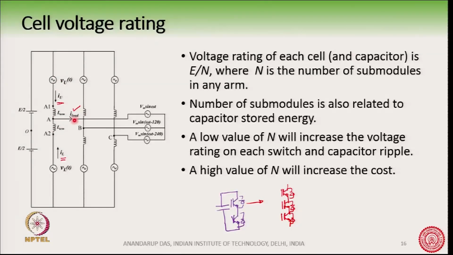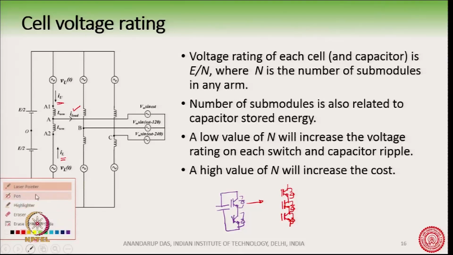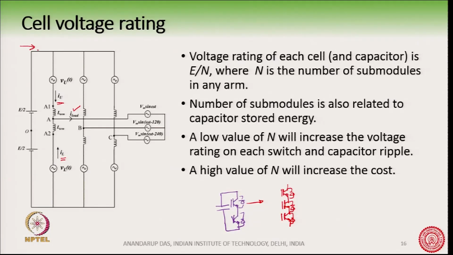Now, you see here this upper arm, when the load current is flowing through the upper arm and the lower arm, of course, the real power... let us take an example of a DC to AC converter. So, the real power is flowing from the DC bus into the AC load.